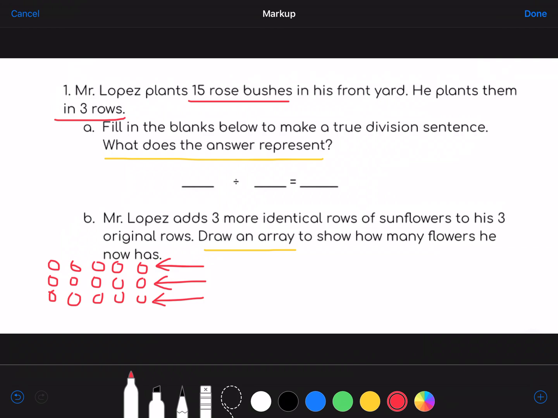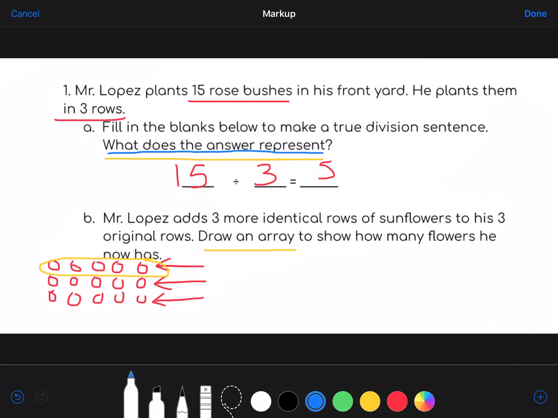So fill in the blanks to make a true division sentence says that I'm going to start with my 15 rose bushes, but I'm going to divide them into 3 rows, and now my answer is going to be 5 because there are 5 rose bushes in that row. And that is what my answer represents. So when it says, what does the answer represent?